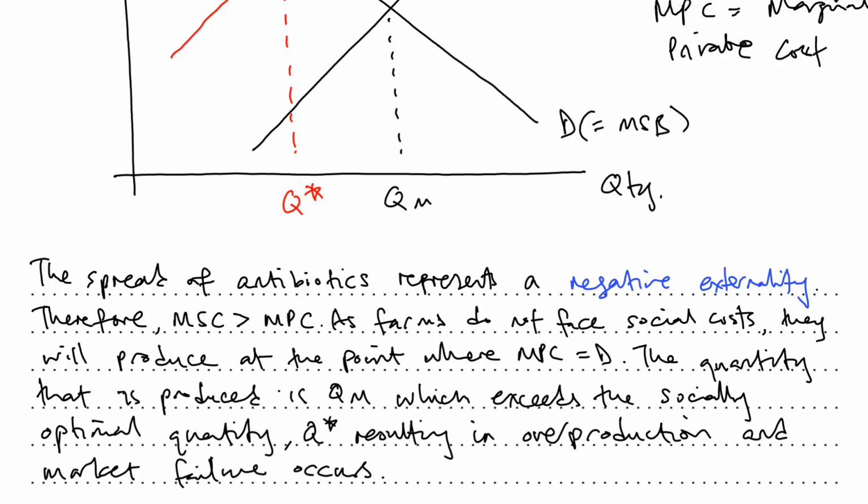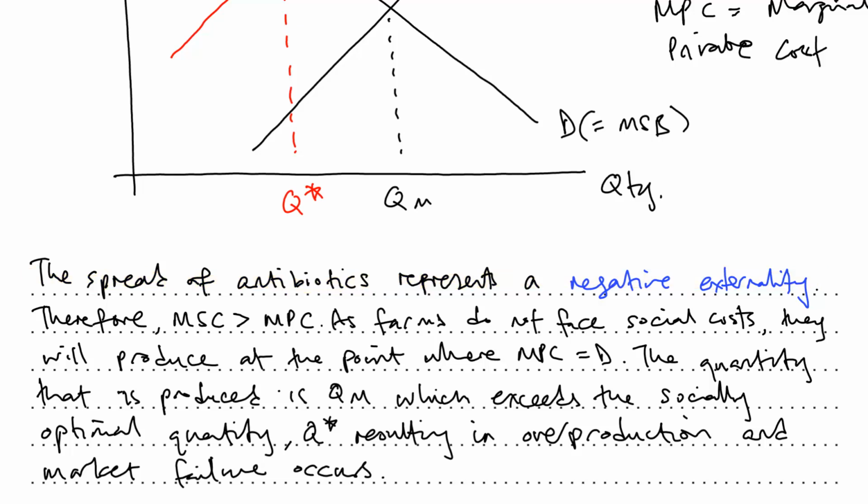Then down here, we need a quick, maybe just a couple of sentences to explain how that is going to result in a negative externality. So here is what I've written. The spread of antibiotics represents a negative externality. If you're pumping these chemicals and antibiotics into the ocean, it's not just bad for you, it's bad for everyone else around you as well, so it's a negative externality.